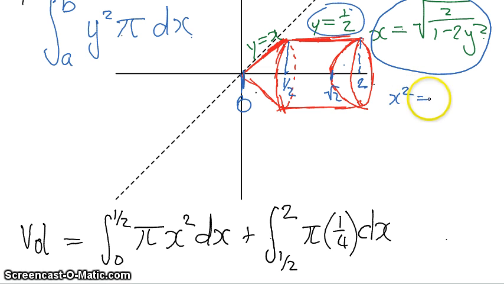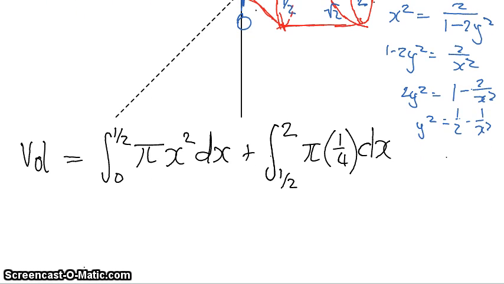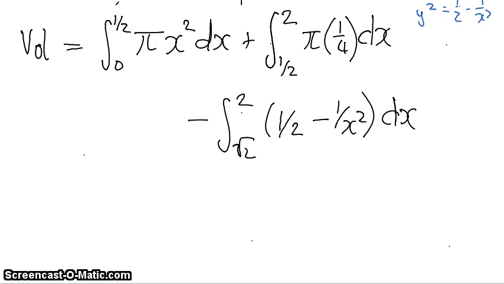So I know x squared is equal to 2 divided by 1 take 2y squared. 1 take 2y squared is equal to 2 divided by x squared. 2y squared is going to be 1 minus 2 over x squared, so y squared is going to be a half minus 1 over x squared. Okay, so that means this last volume that I'm going to subtract away, from root 2 to 2, is going to be pi times y squared, which is 1/2 take away 1 over x squared dx. Fantastic. So this is what I need to solve.